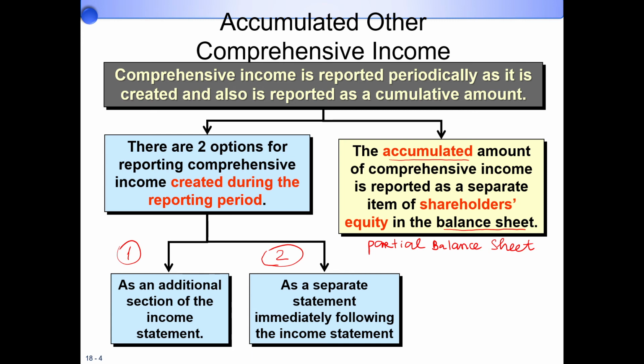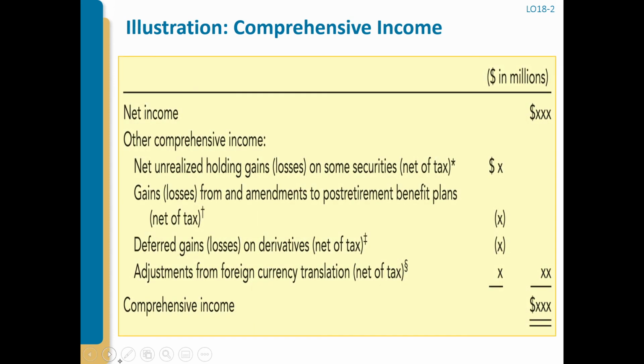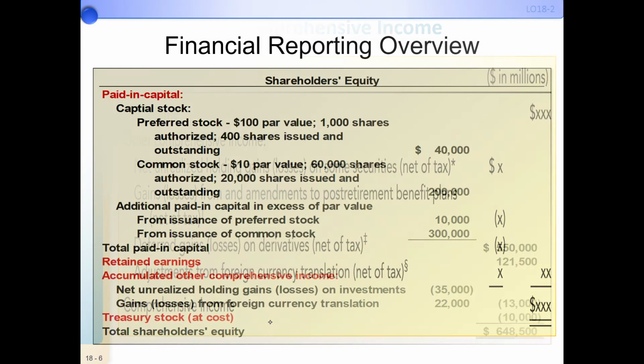So treasury stock, remember what is treasury stock? Sometimes a company purchases back its own shares from its shareholders. We purchase back our own shares and keep them, and in the future we might resell them. We call that treasury stock. Treasury stock is a contra shareholders' equity account.